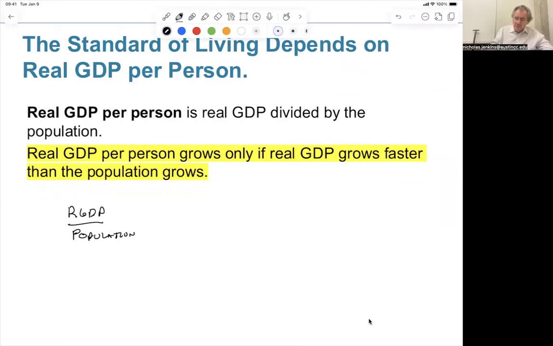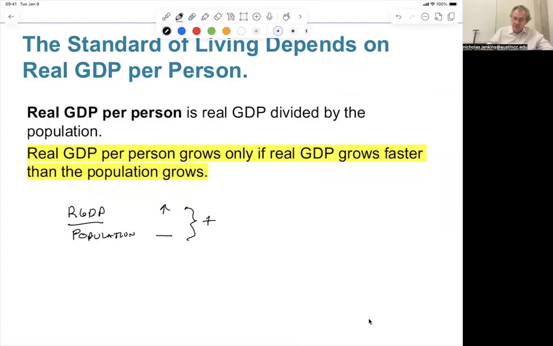So if population stays the same, but real GDP goes up, the numerator, the outcome is a positive amount, right? The number became bigger because real GDP grew bigger.